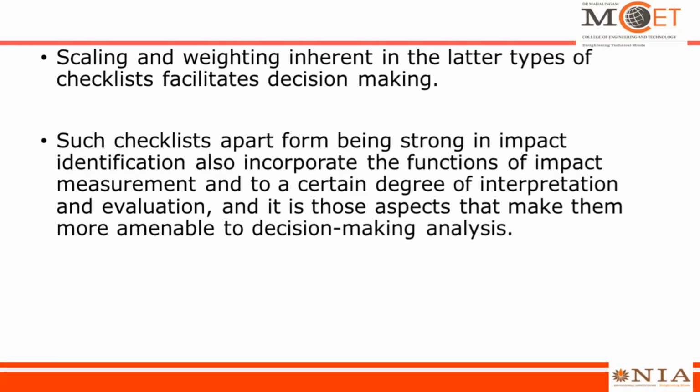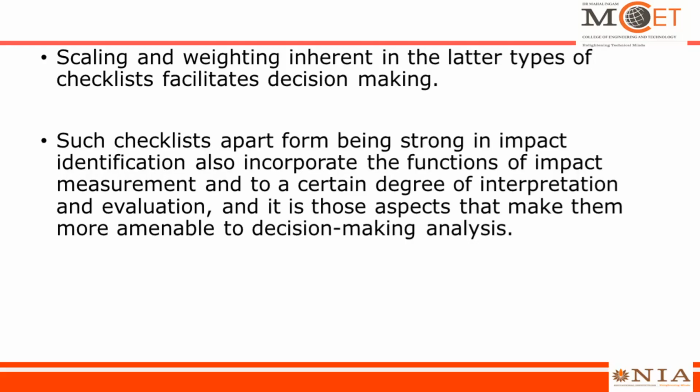So there are four types of checklists. One is simple checklist, second one is descriptive checklist, third one is scaling checklist, and the fourth one is weighting checklist. So we'll be seeing each of these checklists in a little more detail, right? The first one is just simply listing down all the environmental parameters or factors. The second one, apart from listing down the environmental factors, gives some information about those factors, right?